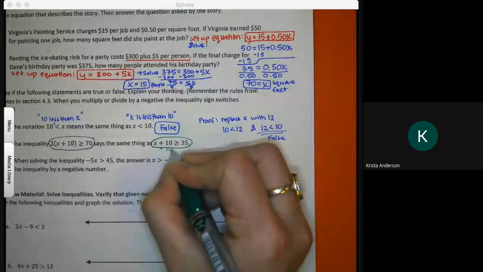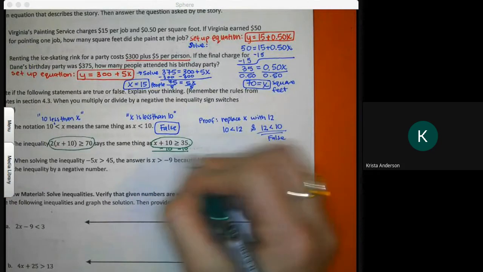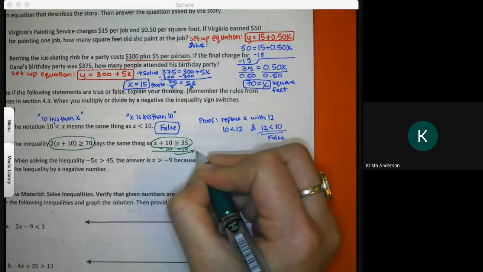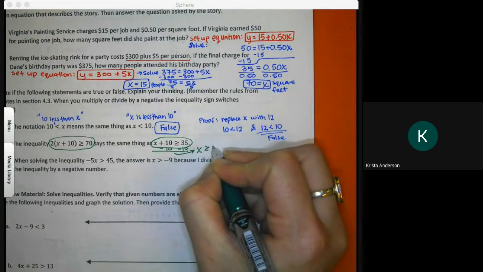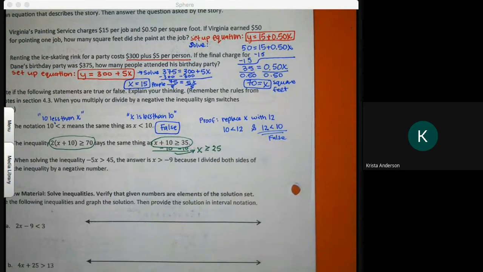Let's try it. Minus 10, minus 10. That would give me, let me write off here, x. That'd be a 25. So then solve the left one and see if it's the same. And we'll know if it's true.